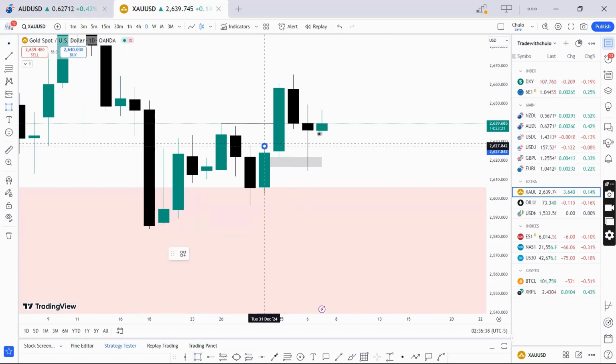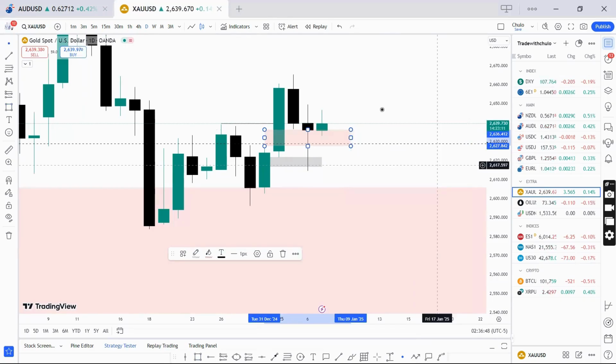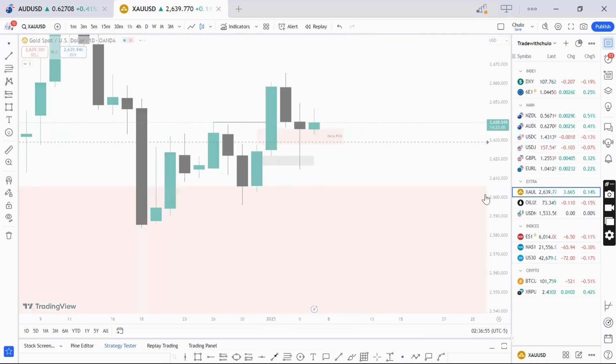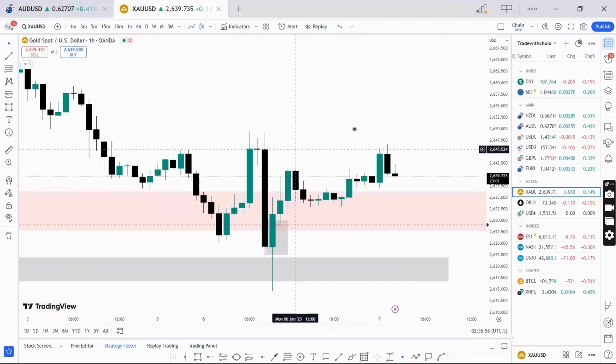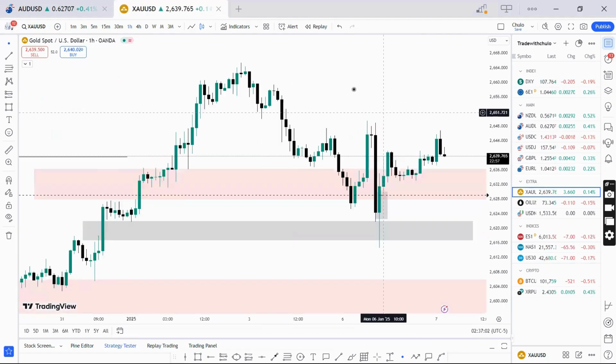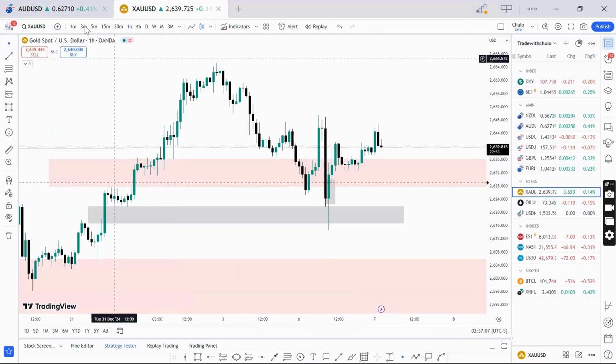I have this daily fair value gap here, which yesterday closed above it. So what is the next thing that I did? I went down to the 1 hour time frame to see what I should expect. Reacting very, very nicely.